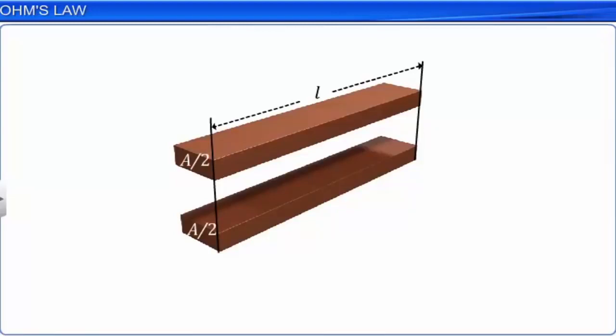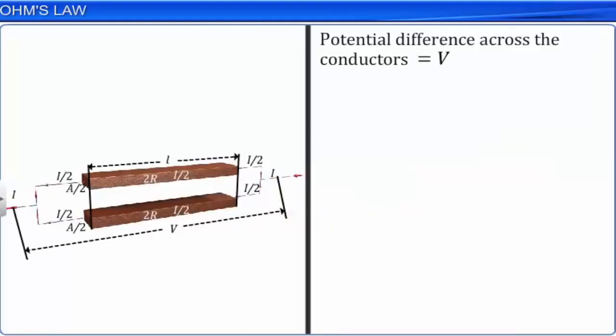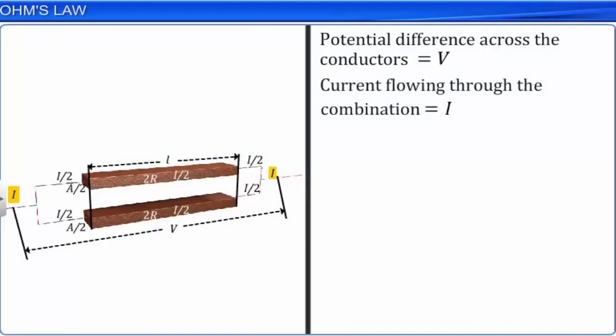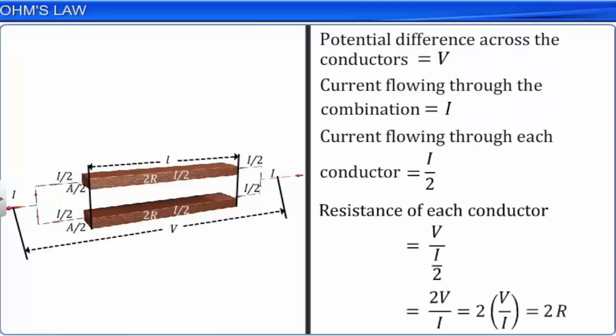The potential difference applied across the two conductors is V. If I is the current through the combination of the conductors, then the current flowing through each conductor is I by 2. Then the resistance of each conductor is obtained as equal to 2R.